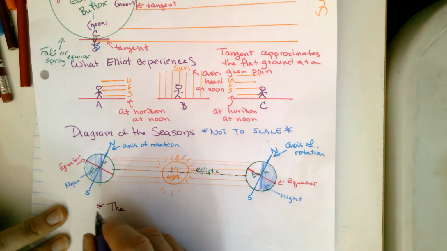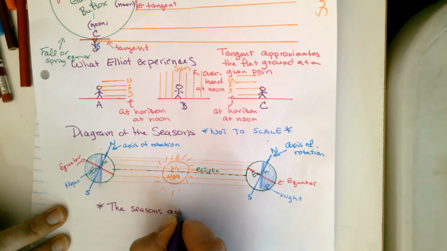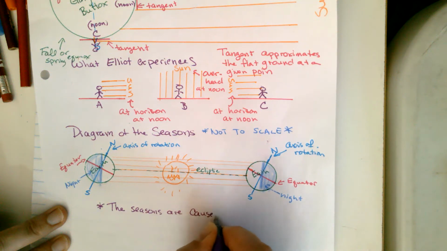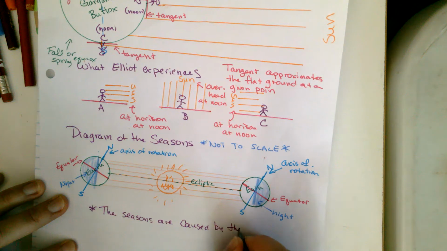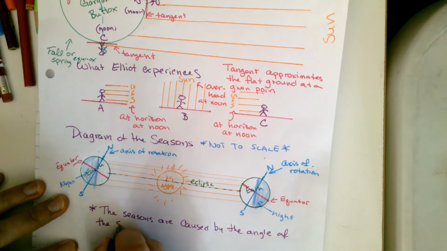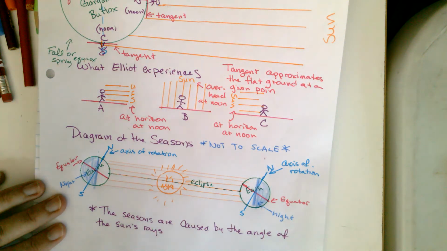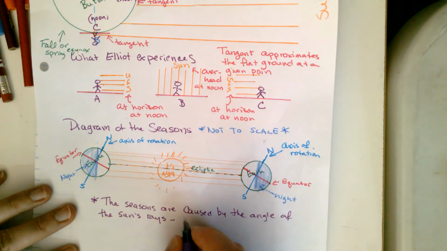The seasons are caused by the angle of the sun's rays. If the sun's more up and down, if the noon sun angle is higher and the sun is more overhead, that is going to lead to it being warmer.